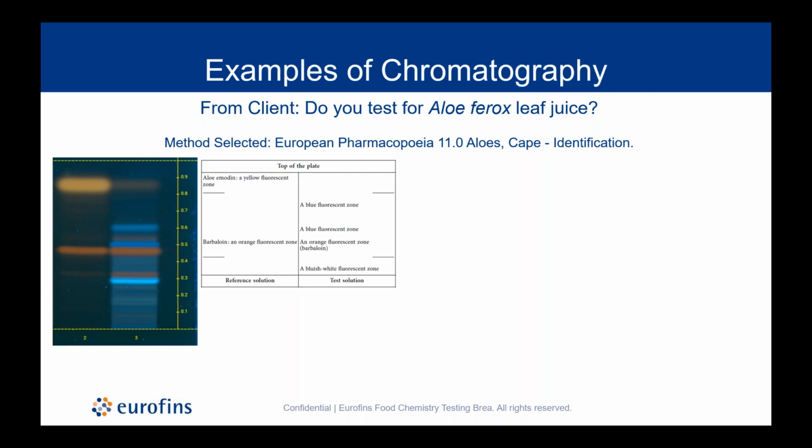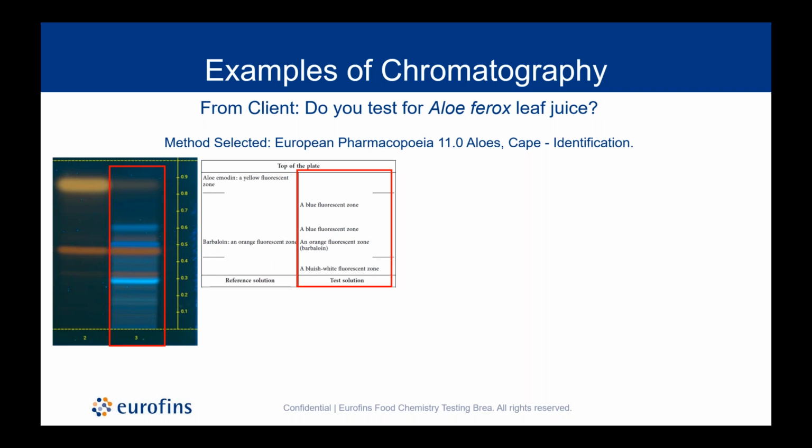So we can move to analyzing the test solution. And what we see on this lane is a blue fluorescent zone in the upper middle area, which we see in the sample. And then below that, you'll see a blue fluorescent zone with an orange fluorescent zone directly underneath it. And we see that on the left in the chromatogram.